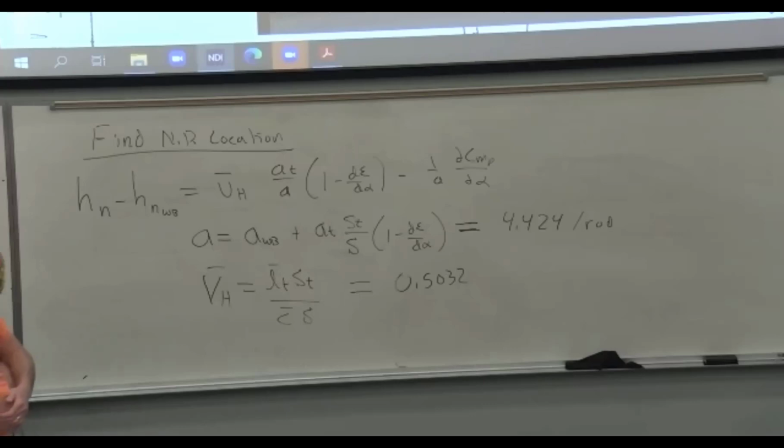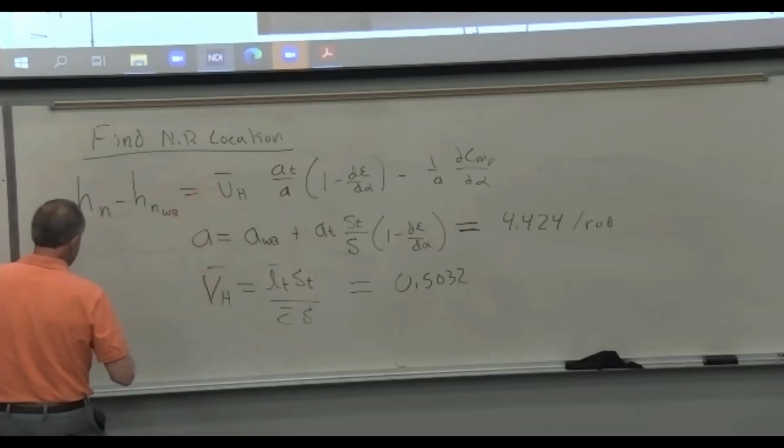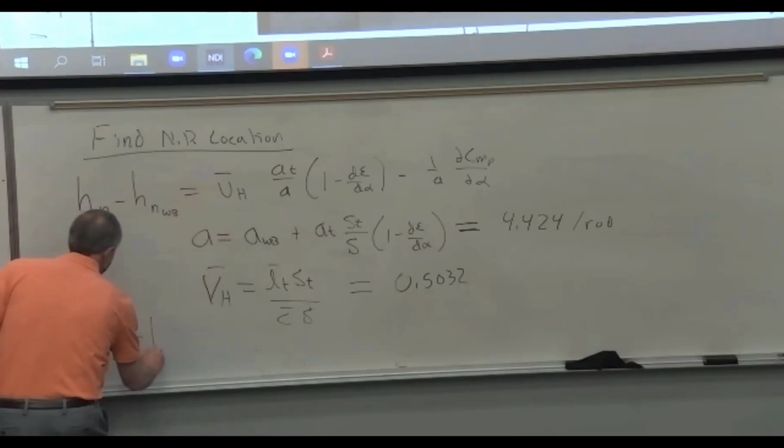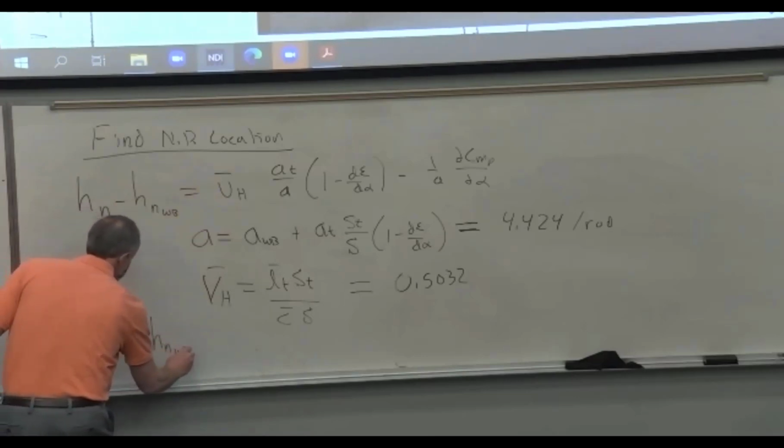All right, so then we go up to this formula up here and calculate Hn minus Hn wing body.